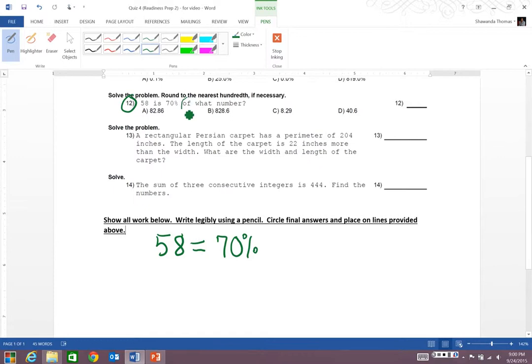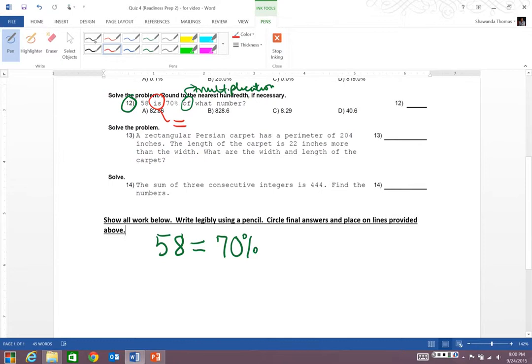Of is equivalent to multiplication. Alright, so again, of is equivalent to multiplication. Is is equivalent to the equal sign.